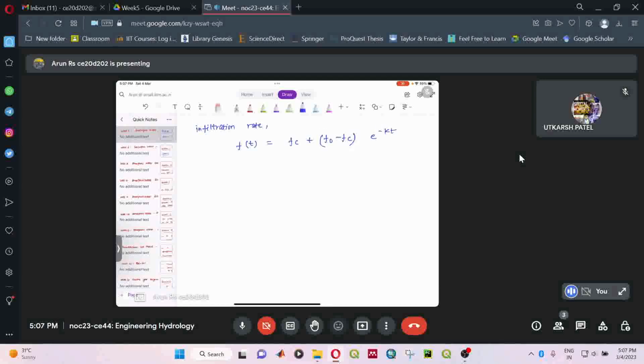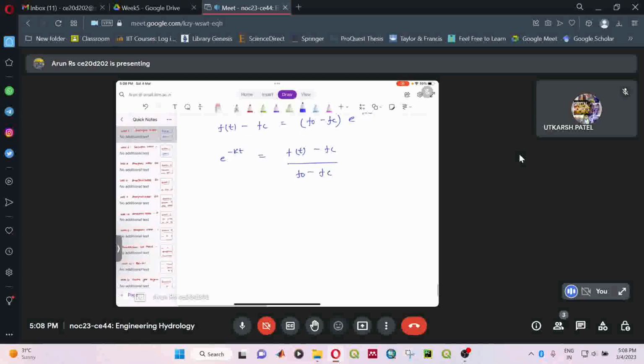Now I'm going to rewrite this equation in a certain way. f of t minus fc is equal to f naught minus fc into e to the power of minus kt. From this I'm going to find two different equations. First, e power minus kt is equal to f of t minus fc divided by f naught minus fc.